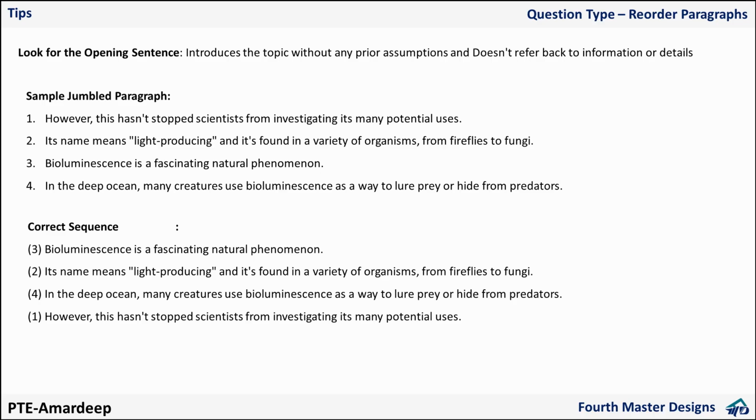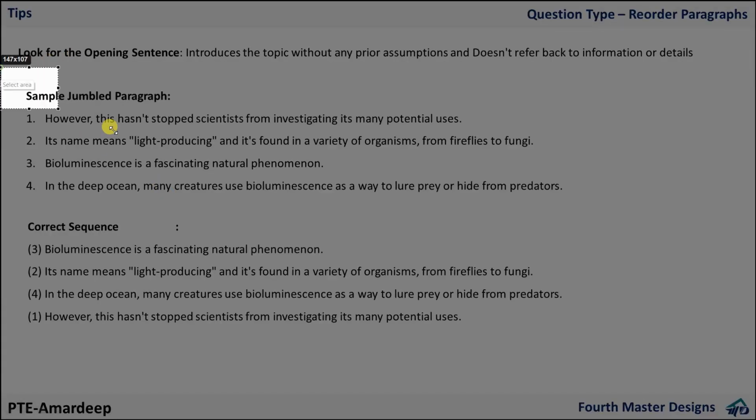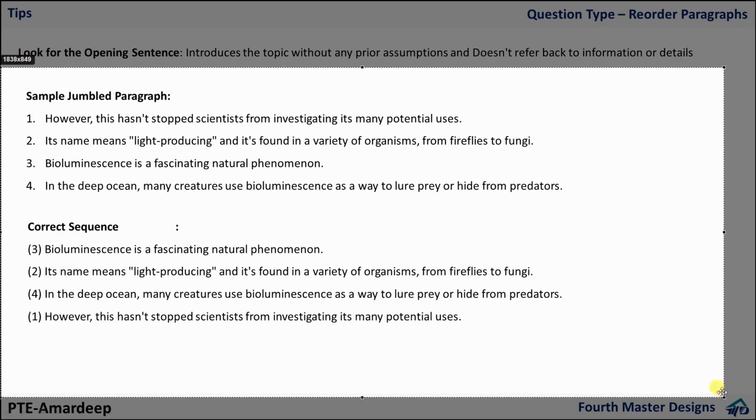How did it become easy? I figured out that the first one and second one cannot be my start. Where I'm getting the definition of this main topic, that is in the third one. So third one. After this, I had 2 options, number 2 and number 4. Number 4 talks about the usage. Number 2 is adding further to the definition of bioluminescence.